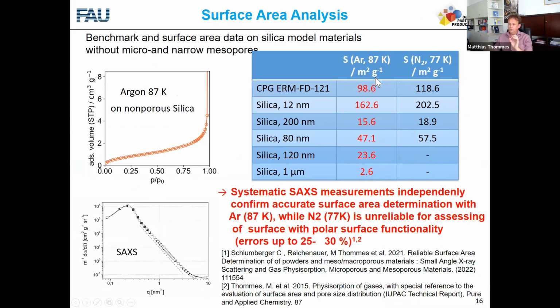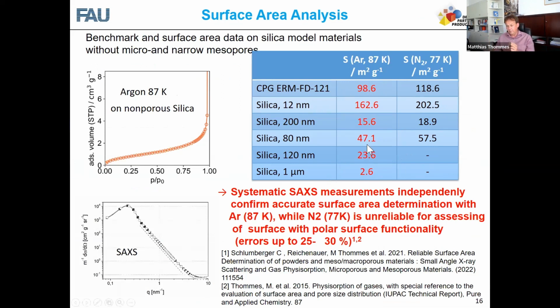We did this with nitrogen and argon adsorption, and then we applied systematic small angle X-ray scattering experiments on these materials. And of course, small angle X-ray is a completely different methodology, a different technique, and no assumption about cross-sectional areas and so forth is necessary.